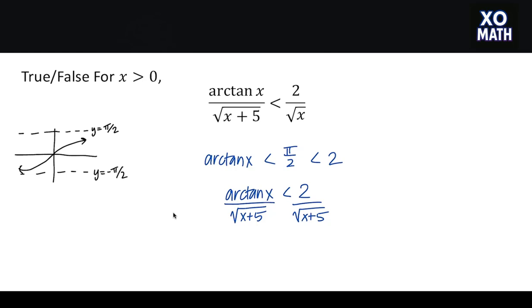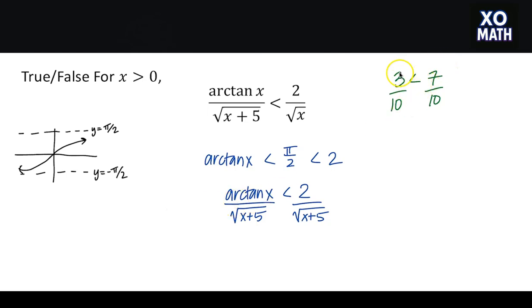Let's think about it with numbers for a second, just to help us understand that this is true. If I have a known inequality, 3 is less than 7, and then I divide both sides by the same positive number, 3 divided by 10 and 7 divided by 10, is the inequality still true?